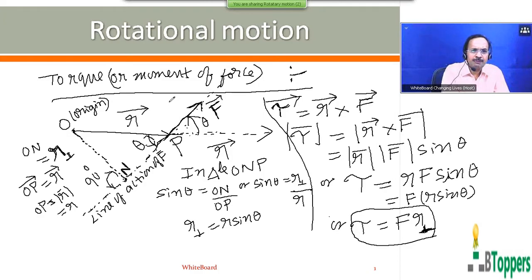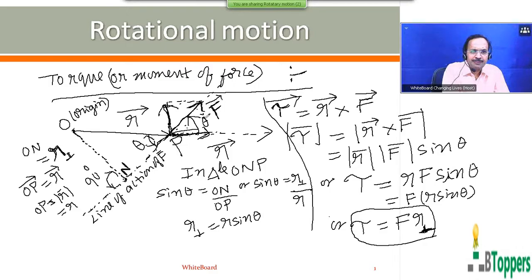If you resolve this force F bar into rectangular components in the direction parallel to R bar and perpendicular to R bar.